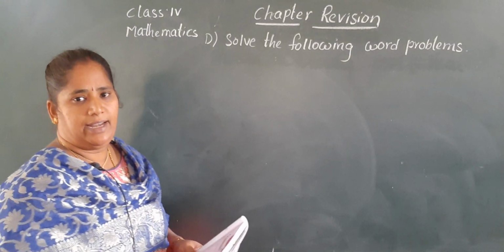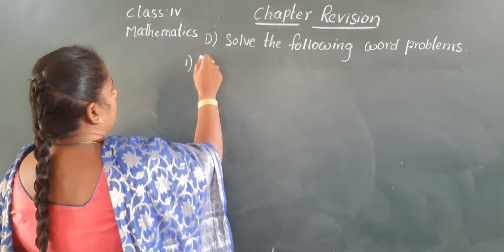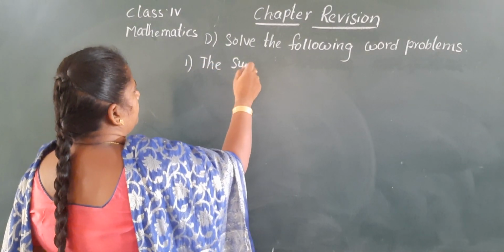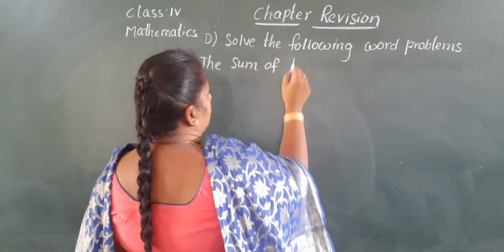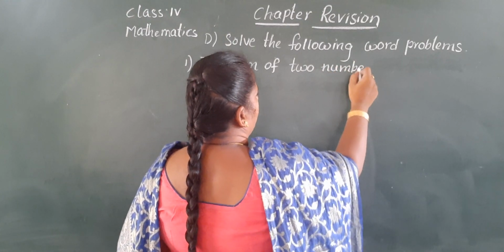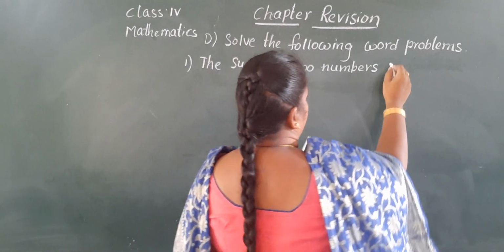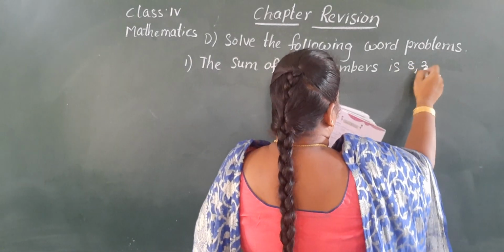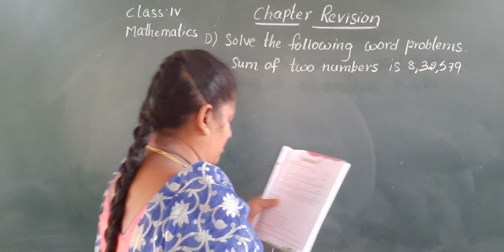Okay, children, are you ready? Yes, note down the first one. First question, the sum of two numbers is 8,32,579.